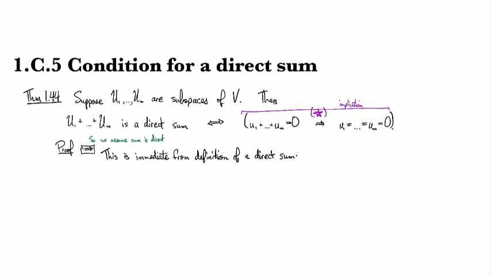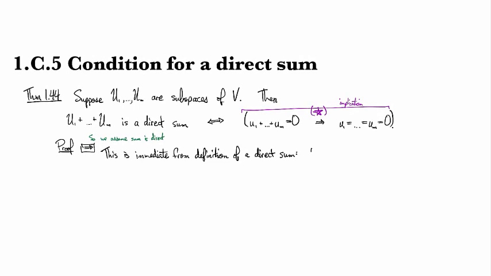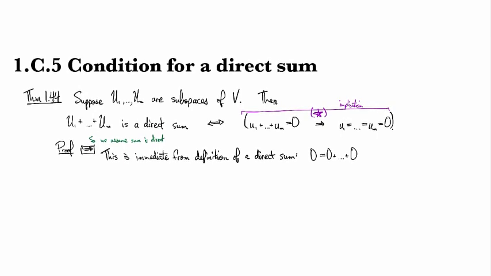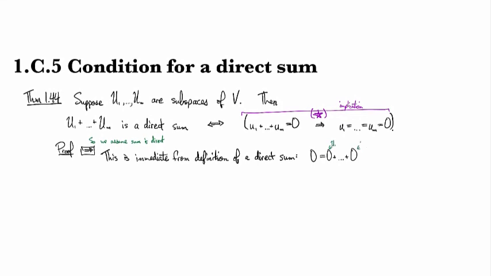And the reason why is that we can always write 0 as a sum of zeros, and we know that we've got a 0 in each one of the components of the direct sum.